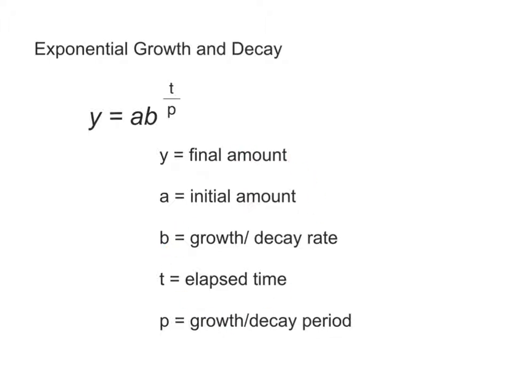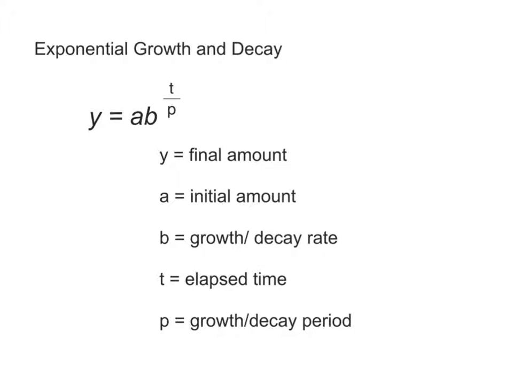It's going to give you y equals a b to the power of t over p. You need to know how to use that. When we're talking about something that's growing exponentially or decaying exponentially, which is basically increasing or decreasing, y is equal to the final amount at the end of the time period that you're considering.